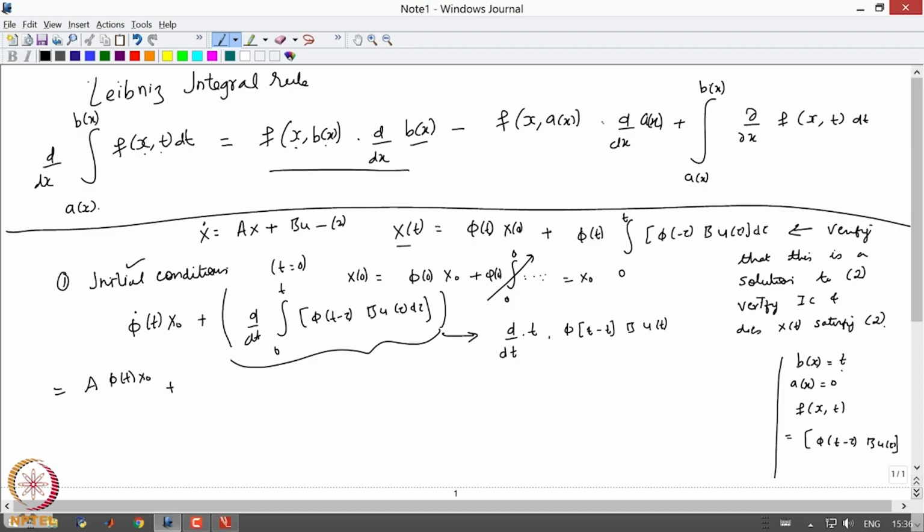The second expression, a is 0, so this will not come into our case. The third term would be the integral from 0 to t of d over dt of whatever is inside, phi of t minus tau B u of tau d tau.